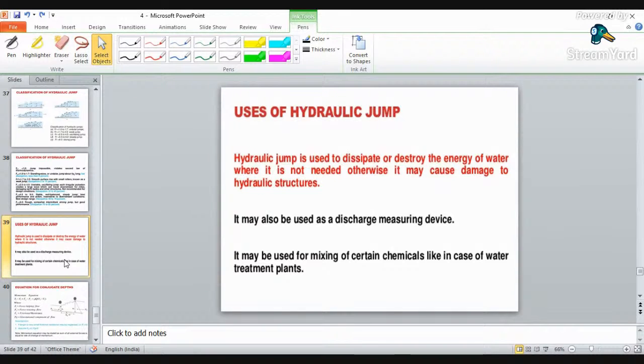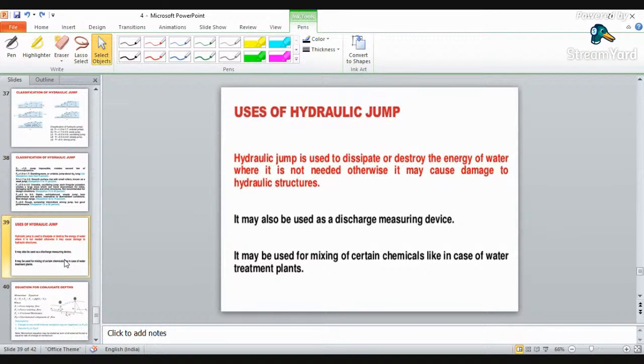Okay. Now, a hydraulic jump has a few uses. Sometimes, because of unnecessary disturbance and turbulence, a huge amount of energy is created in the flow, and that energy may destroy your already built structure. So to avoid that destruction, there can be a hydraulic jump, so that after the jump we can dissipate that energy and use it for some other good work.